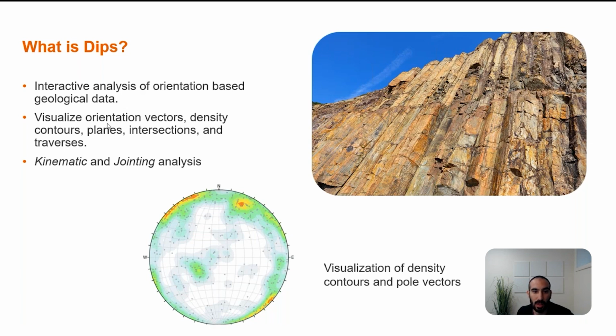So DIPS is a stereographic projection analysis program designed for interactive analysis of orientation-based data, the visualization of orientation vectors, density contours, planes, intersections, and traverses. In DIPS, you can perform kinematic analysis of the joints using the orientation data taken from the field in order to determine if the slope you're analyzing is susceptible to planar or wedge type of failure or toppling.